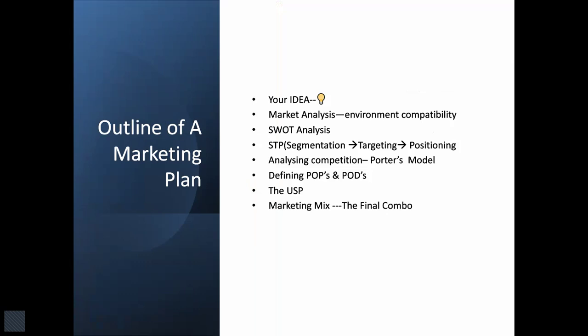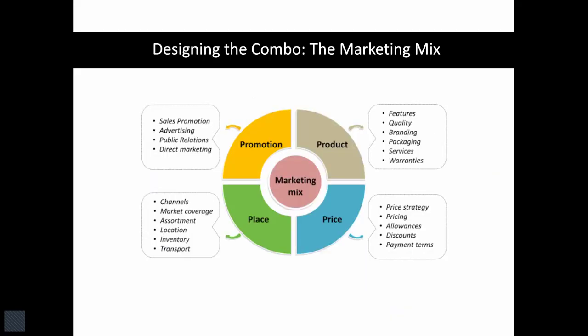But before the marketing mix, there is the USP, and we have already defined the USP. So before designing the marketing mix, we need to understand another thing that is a prerequisite of our marketing mix.